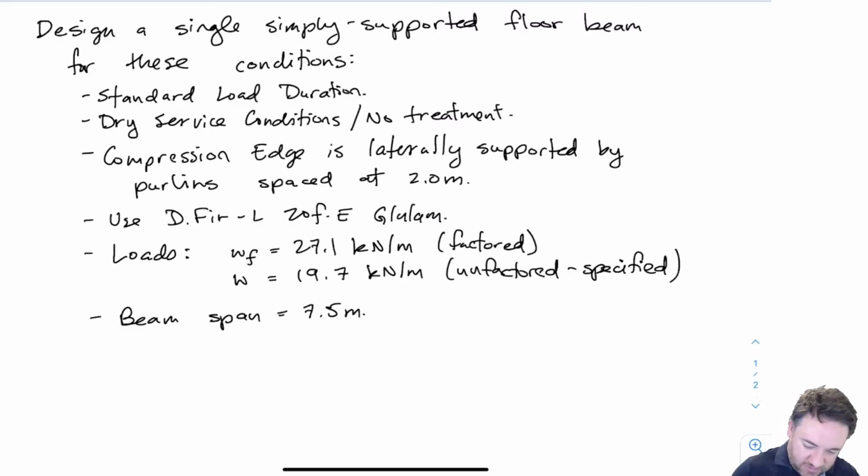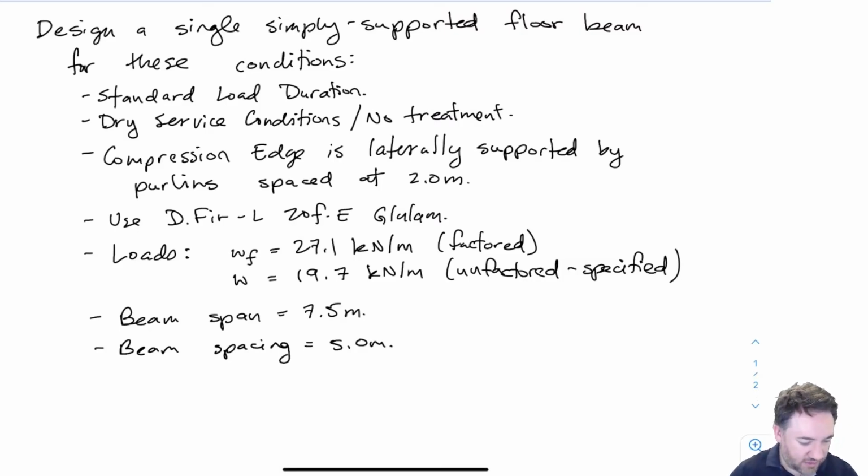So these beams are spaced apart. There might be multiple beams, and they're spaced apart by 5 meters. Anyway, I'm given the line loads directly, so I may or may not need this beam spacing. But what this does mean is that even though we have multiple beams all lined up, they're far enough apart that we're not going to be able to apply a system effect factor or a system factor.